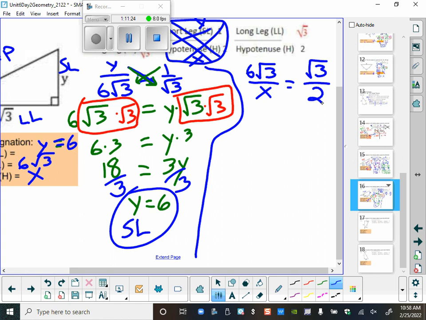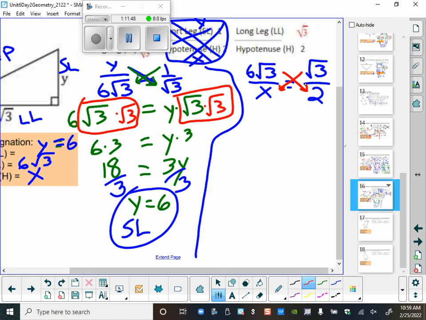Now, I'm going to show you something which might make your lives very easy. Of course, what do we always do first? What do we have to do with the proportion? We cross multiply.